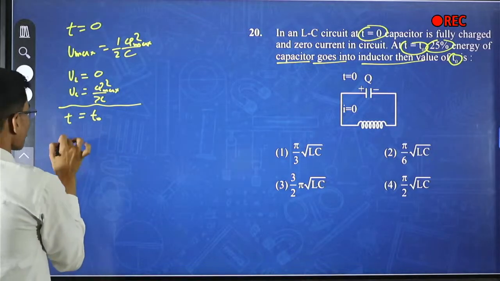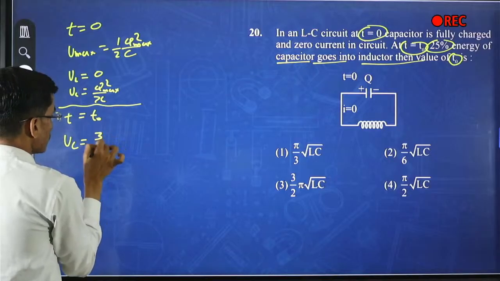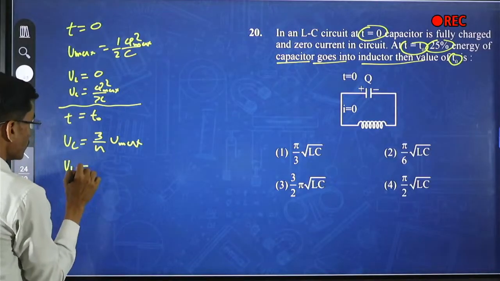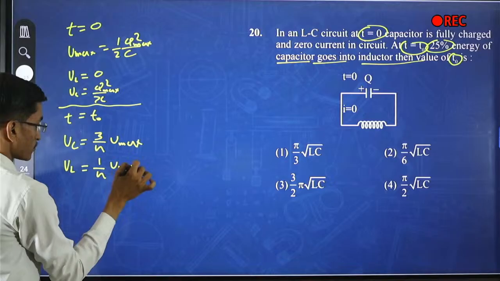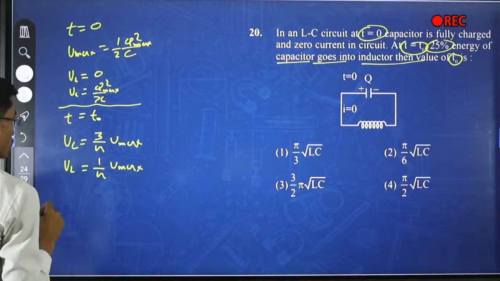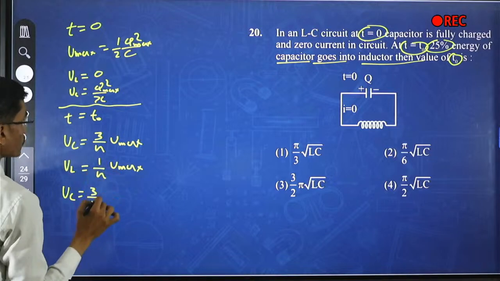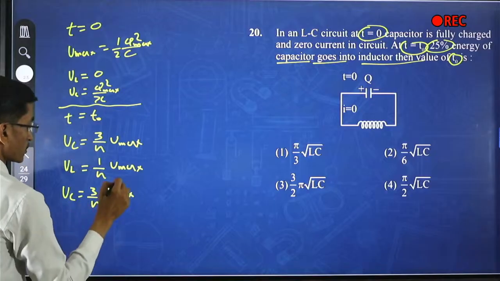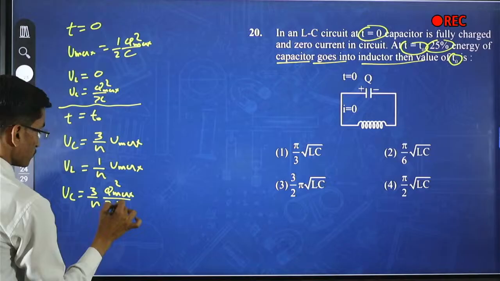So U capacitor will become 3 by 4 of U max and U inductor will become 1 by 4 of U max. So let us write UC is equal to 3 by 4 of U max, and U max is equal to Q max square by 2c.